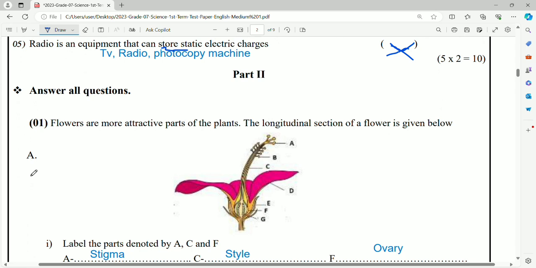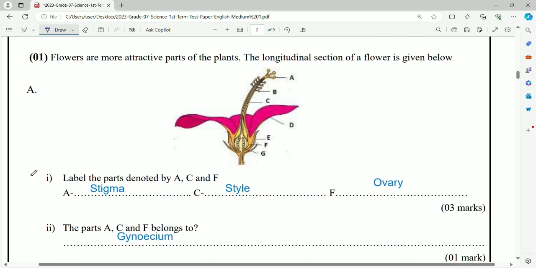Then let's go to part 2. This is the part of the flower, and we have to find out A, C, and F. A is the stigma, like a sticker. Pollen will stick on the stigma. Then the stigma continues as the style, and this style terminates in the ovary.